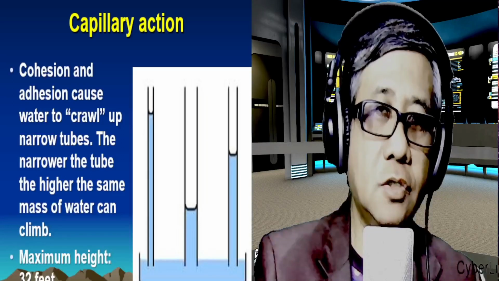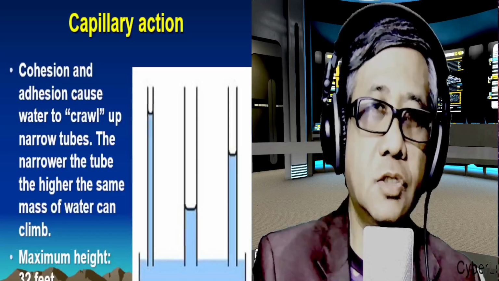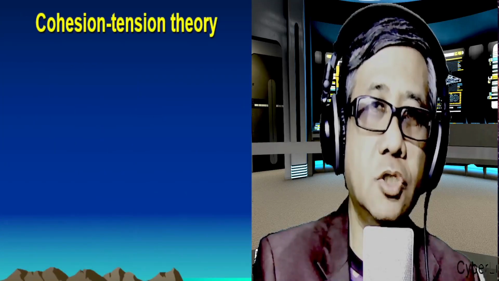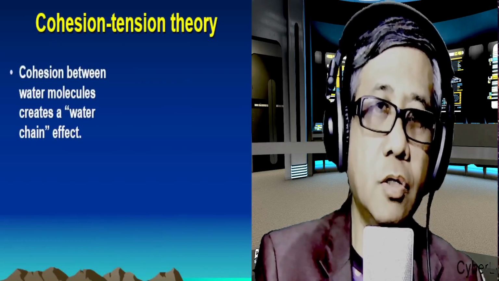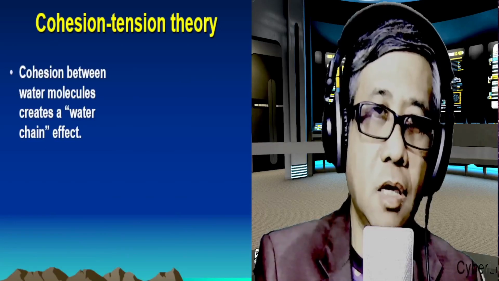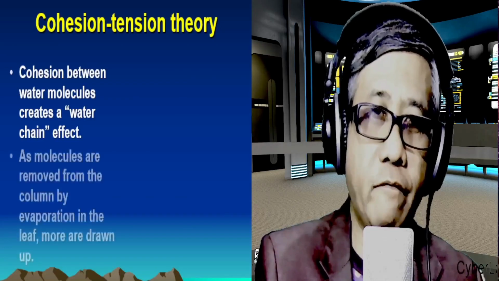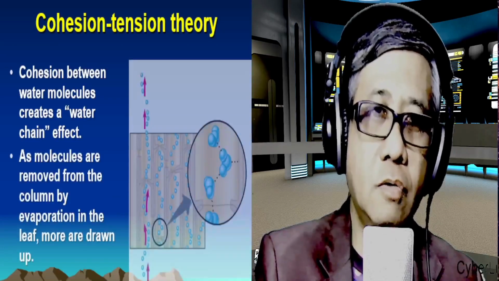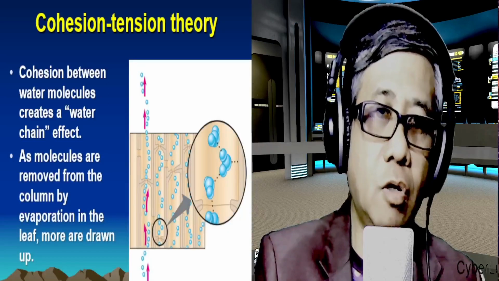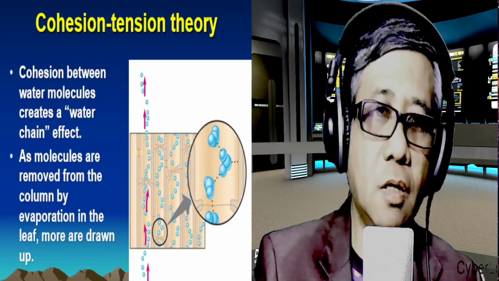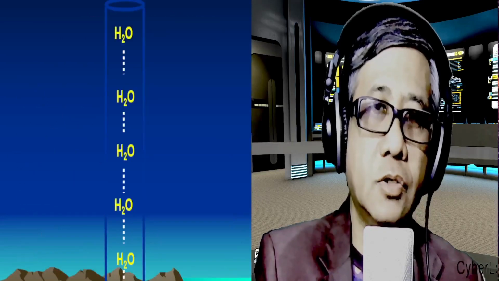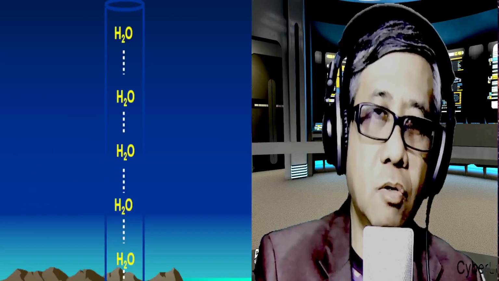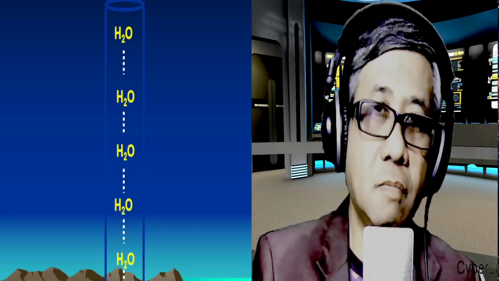There's an explanation for that, and this is the so-called cohesion tension theory. In the cohesion tension theory, cohesion between water molecules creates a water chain effect. And as the molecules are removed from the column by evaporation in the leaf, more are drawn up. Everybody kindly take a look at this animation.